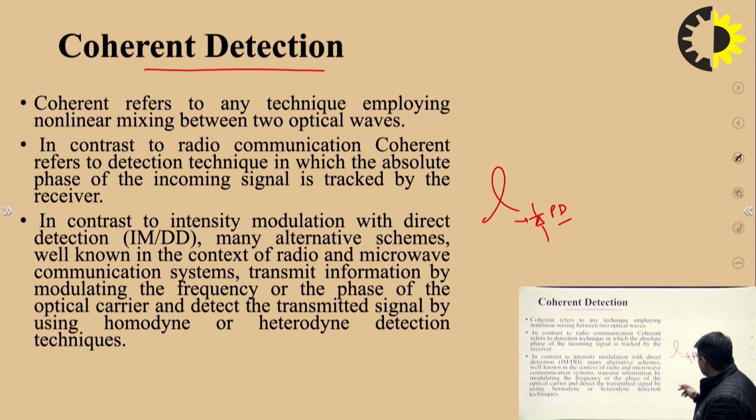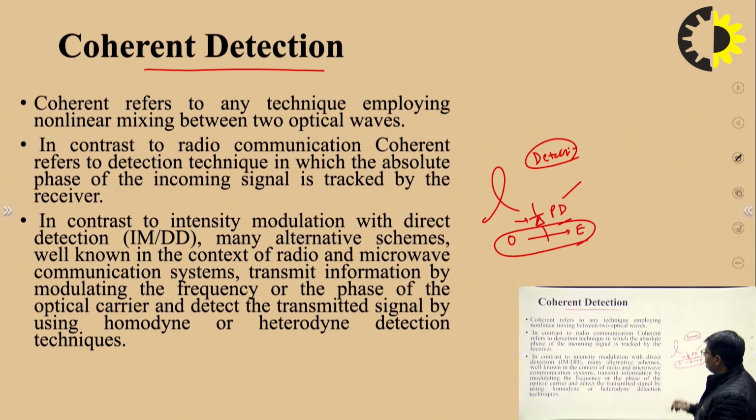So O to E conversion is done by the photodiode along with the detection of the signal. That is, the signal is converted into its original form, or demodulation is also performed at the detector. So this process is called detection.